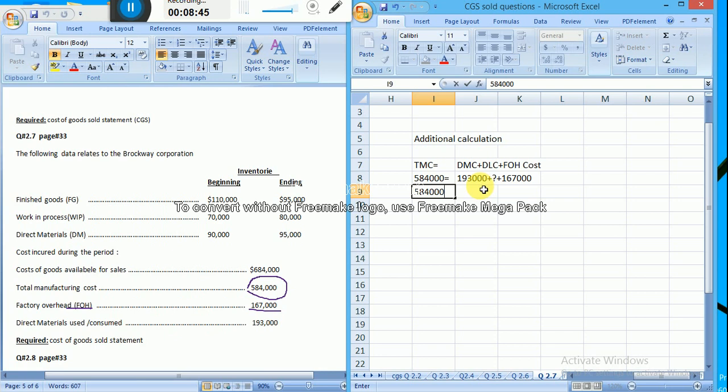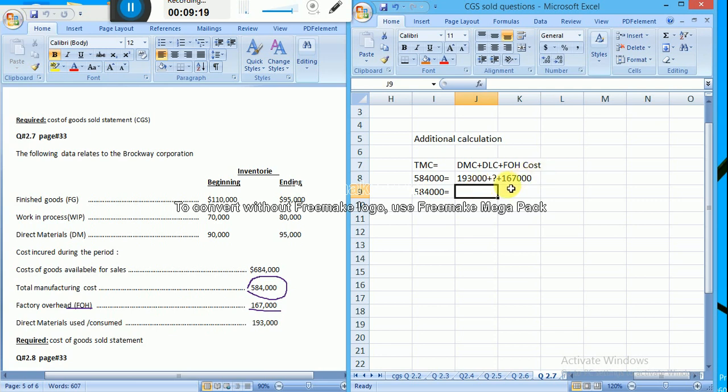So minus $1,93,000. Simply look at it, the equal to sign remains in its place.